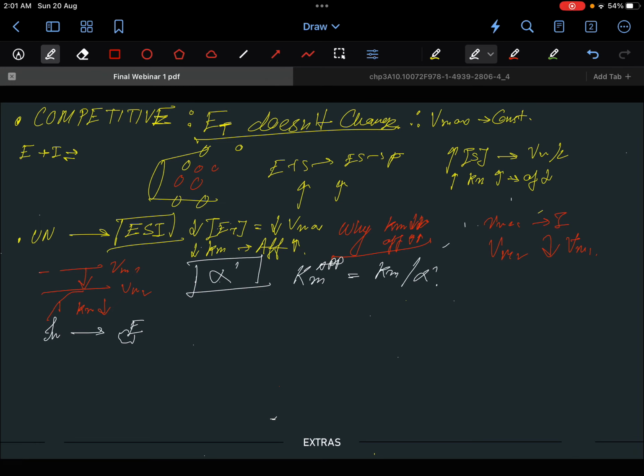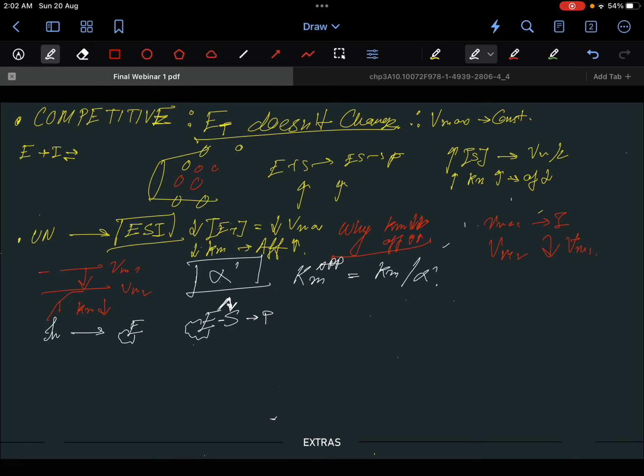What it means is that in the ES condition, it is binding to the enzyme in such a way that the catalysis, where E will act on S and the activation energy will decrease and form the product, this property of the enzyme will be affected, but the binding of enzyme with substrate will not be affected, right? So the inhibitor has to bind in the perfect area, so that the catalytic property is affected but not the binding efficiency of the enzyme with the substrate.